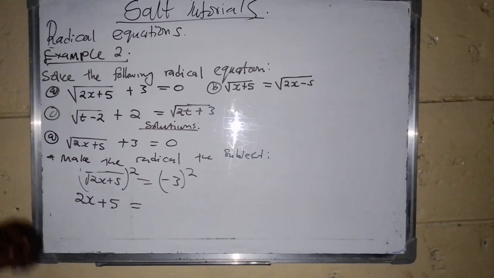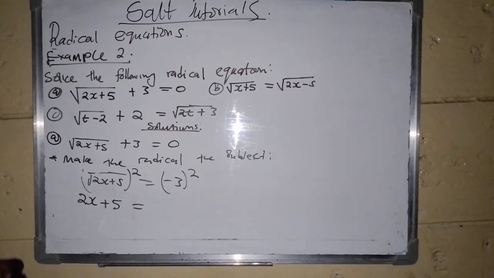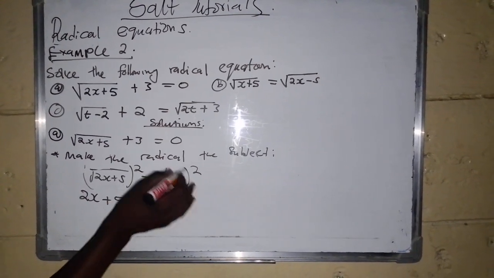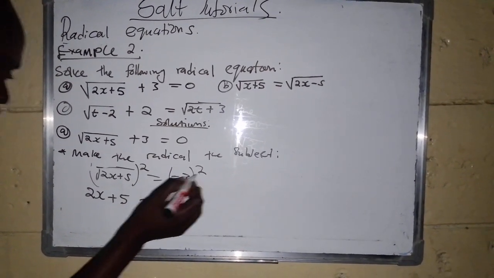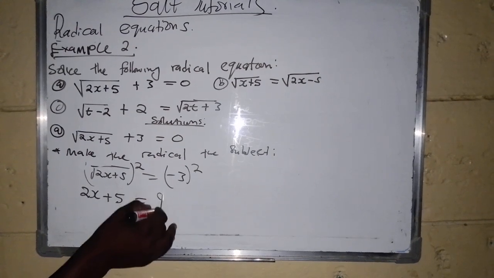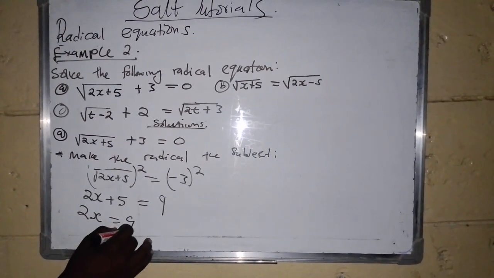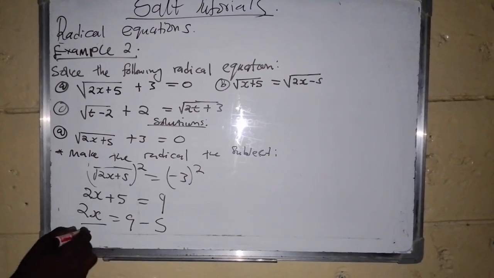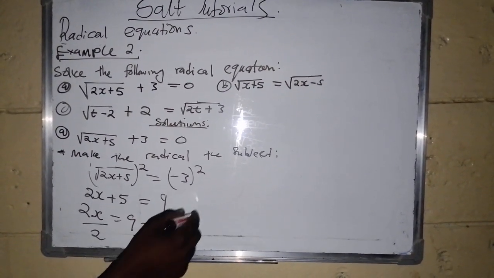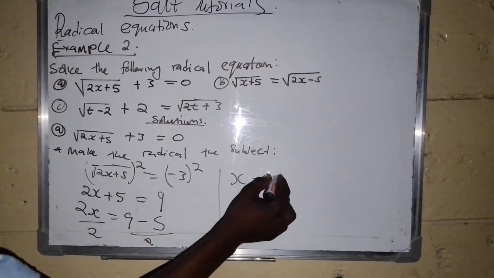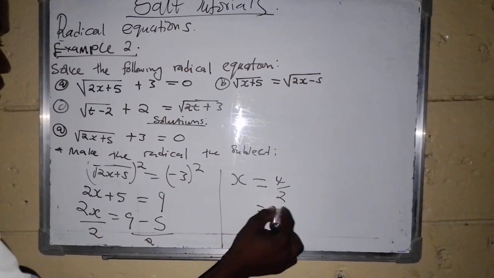So it would be very wrong for you to write negative 9. We're writing the whole negative 3 squared so that we can have positive 9. So by the end, we have 2x is equal to 9 minus 5, over 2, over 2, and the value of x will be equal to 4 over 2, which is equal to 2.